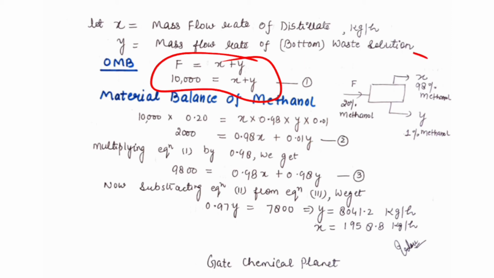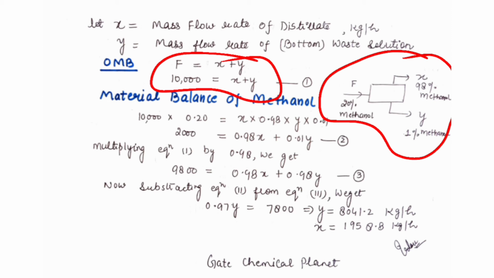For simplicity, I have drawn this diagram again. Here in the feed, methanol is 20%, in the distillate methanol is 98%, and in the bottoms, which is the waste solution, methanol is 1%. Here we will also apply the material balance for methanol, because methanol is the more volatile component, present in the distillate at 98% and in the bottoms at 1%.